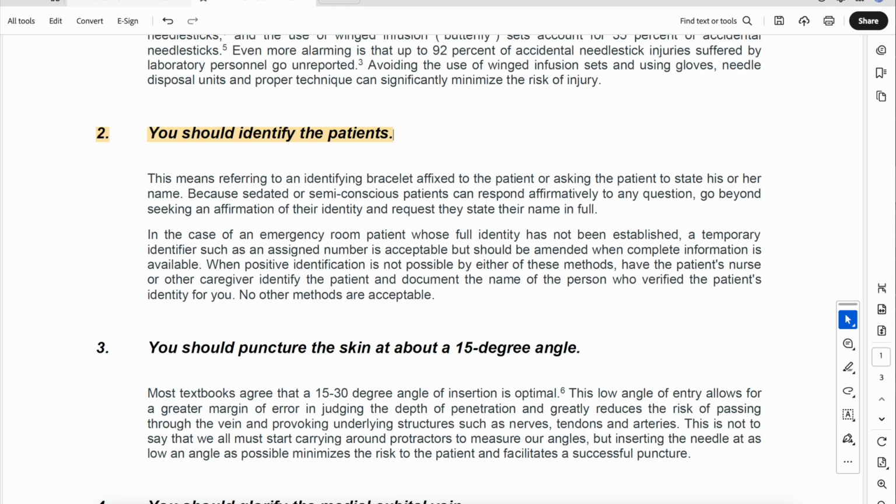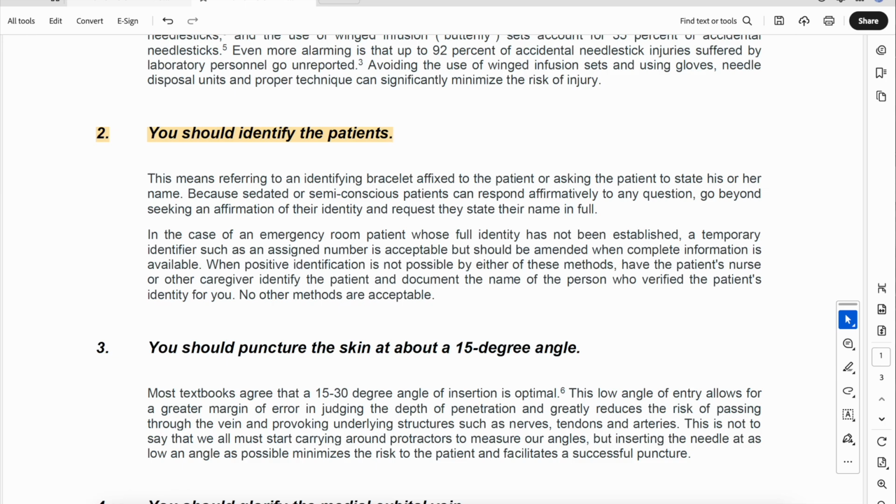Notice I said state their name, not simply confirm it. Why this distinction? Sedated or semi-conscious patients may respond affirmatively to any question, creating a false sense of security. By asking them to state their name, you are requiring active cognitive participation that better ensures accurate identification.